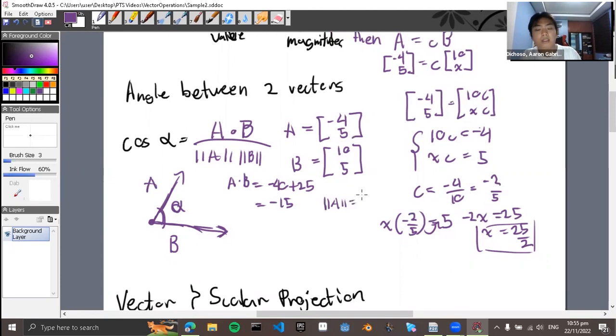Magnitude of A would be equal to 16 plus 25, so that is square root of 41. Magnitude of B would then be equal to 100 plus 25, so square root of 125. We can factor this out with a 5, so we get 5 root 5.